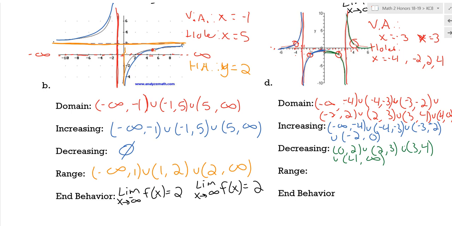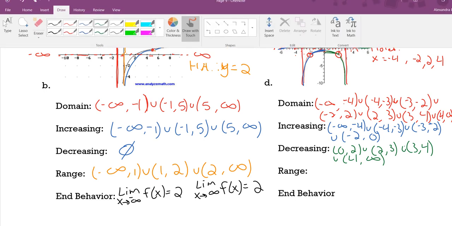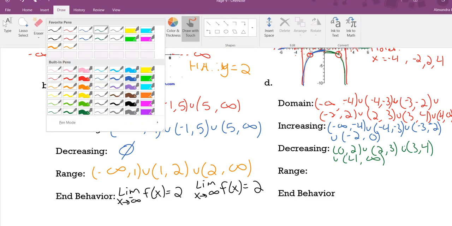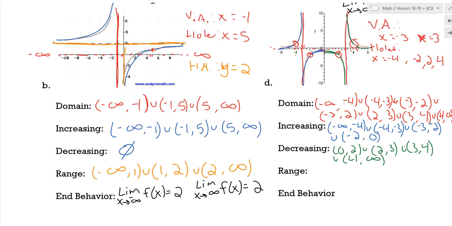All right, let's look at our range. We have our horizontal asymptote. It has a line right here that nothing's really going over. So we also have to be careful of our holes though, right? So I'm going up. On this line is where our holes are.